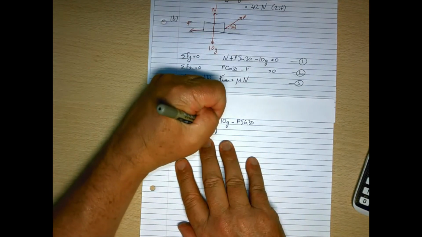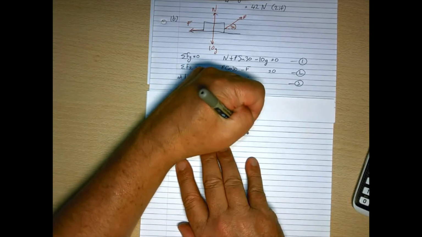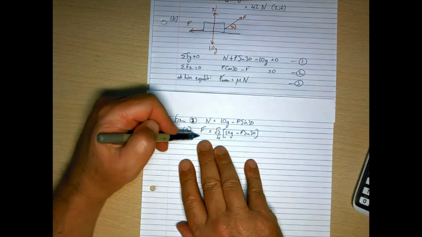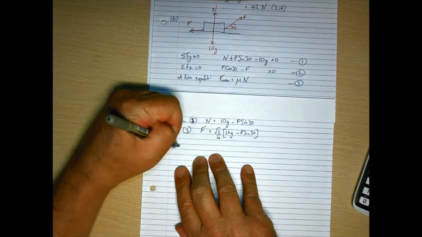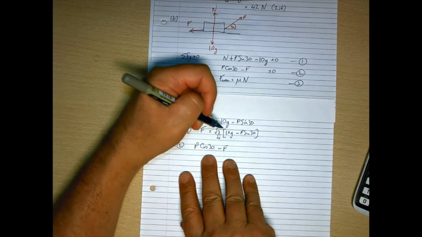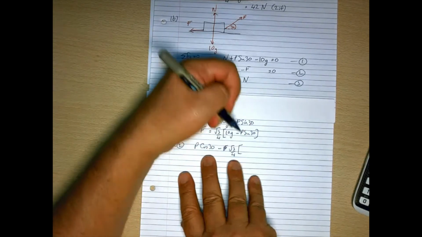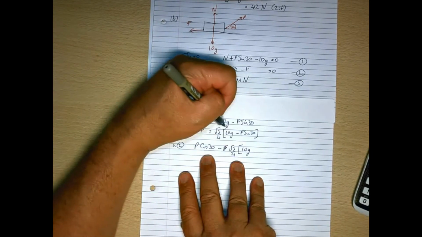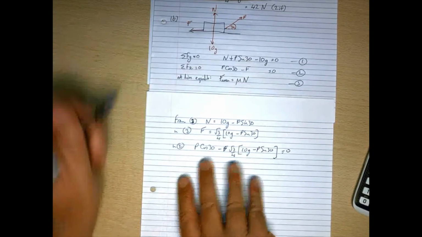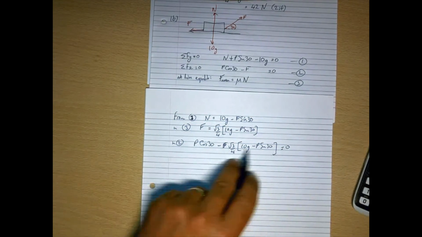The F max is going to be root 3 over 4 times 10g minus P sine 30, and then if I replace that F into equation 2, I have P cos 30 minus F, which is that, equals 0.